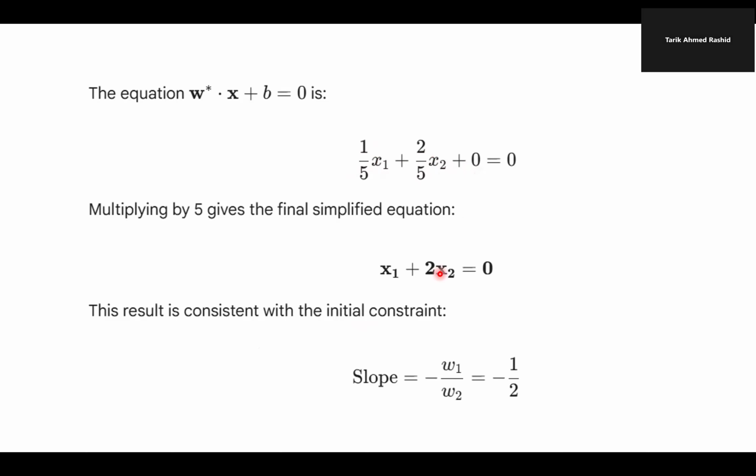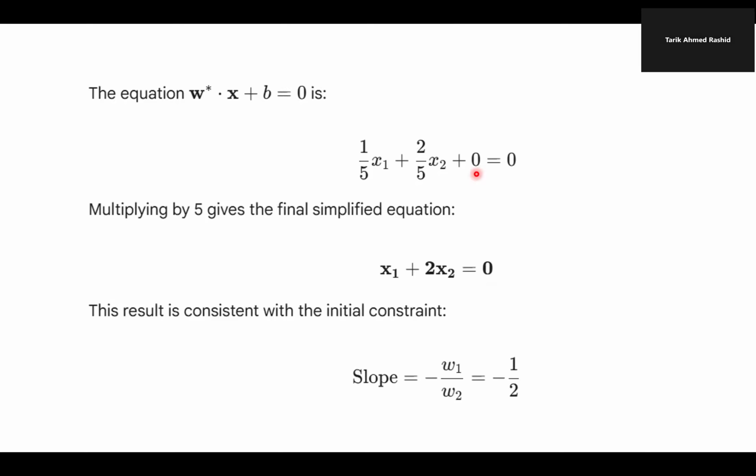So x2 equals minus 1 over 2 x1. That's the slope, W1 over W2. And we have B equals 0, that means the bias is 0, so the line goes through the origin to separate the two classes.